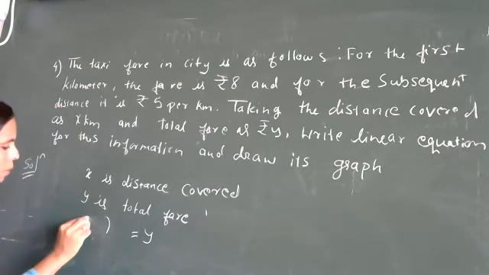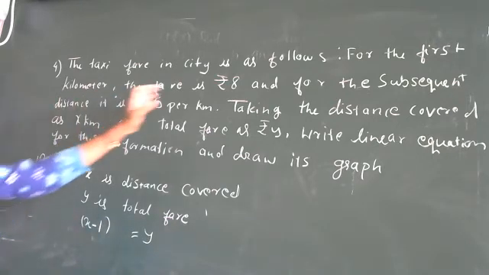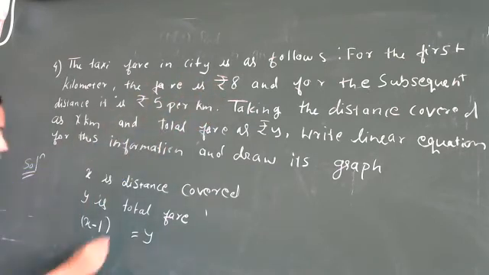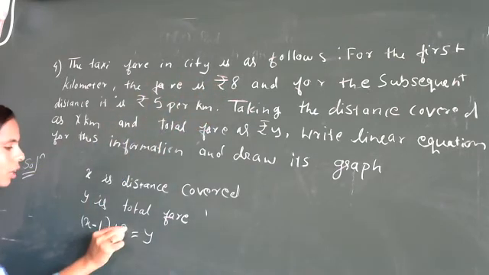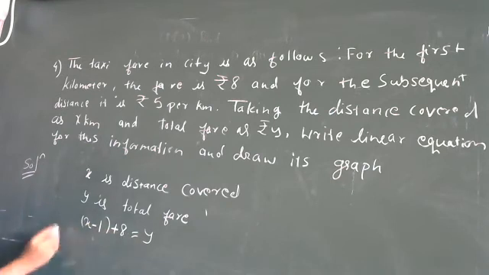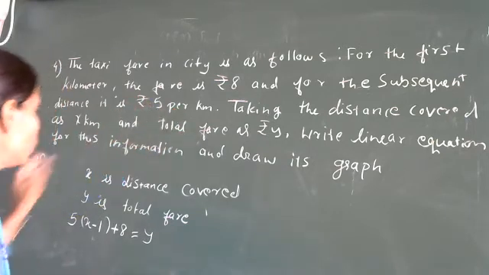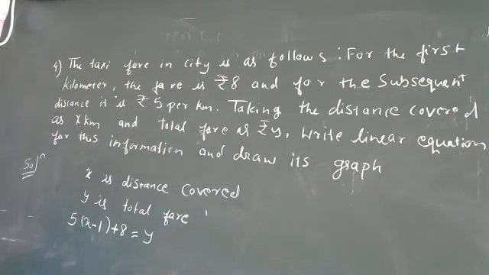We have to subtract 1 kilometer from x, right? Because already 1 kilometer will be charged as 8. So that 8 we put outside the bracket as plus rupees 8. And x minus 1 means 1 kilometer is already subtracted and that is charged as 8 rupees. And for every kilometer, we will charge 5 rupees. So this will be the equation for the given information.